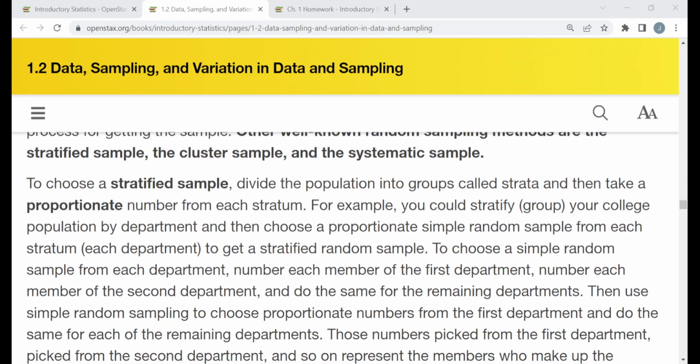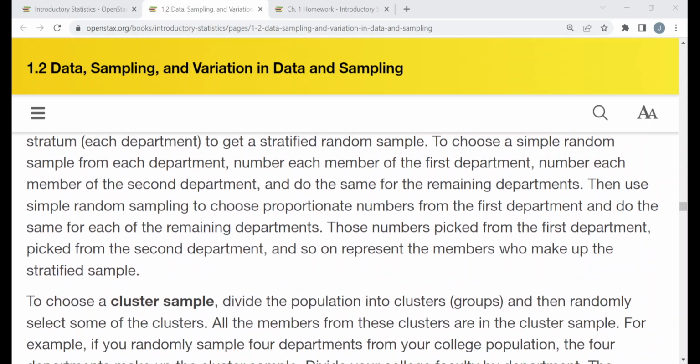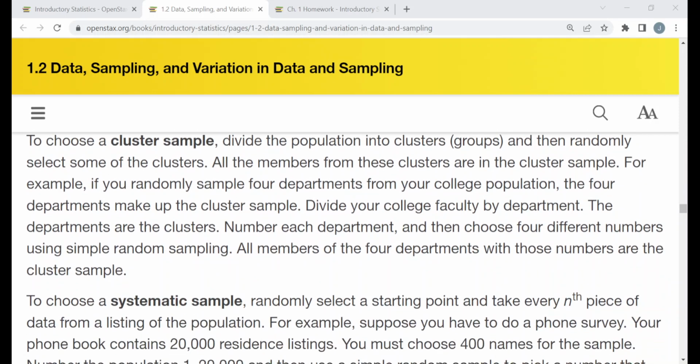Pull out about the same proportion randomly, and that'll create your sample. That's a stratified sample. Now, the next method is called cluster sampling. To choose a cluster sample, divide the population into clusters or groups, which is very similar to stratified sampling.